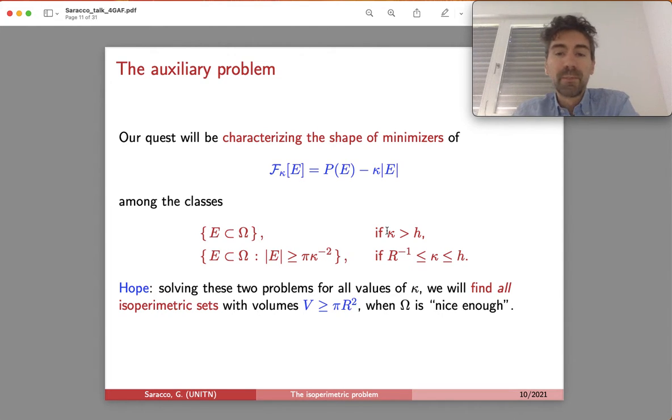And our hope, that will be actually satisfied in some sense, this strategy is going to work, is that solving these two problems for all values of kappa, we will find all isoperimetric sets for volumes V greater than or equal to the volume of the greatest ball contained inside omega, provided that omega satisfies some assumptions. It is, say, nice enough, and I will explain what nice enough is later on, okay?